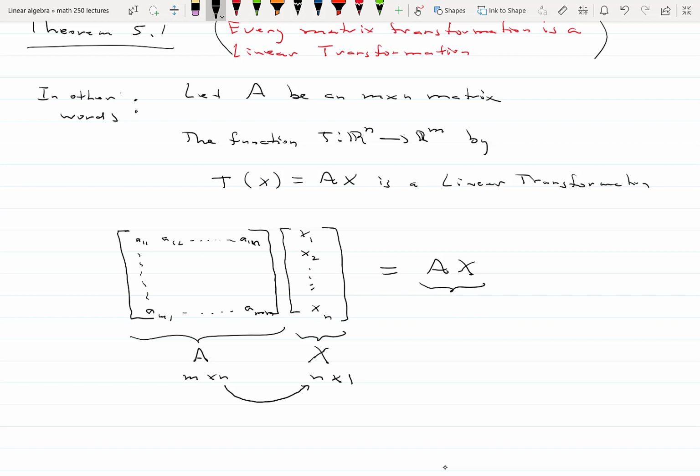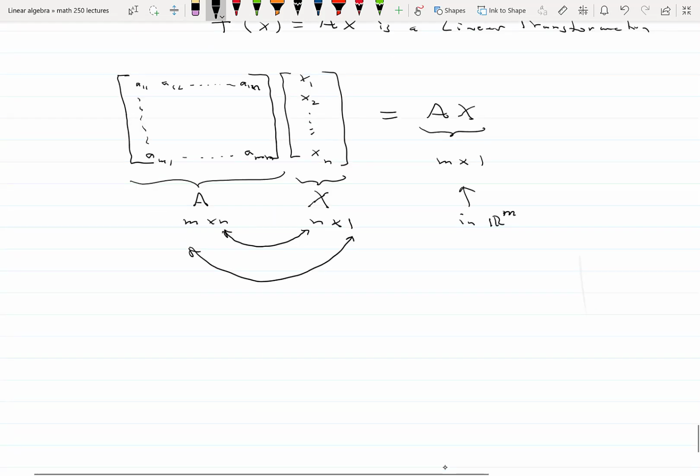Well, remember that the multiplication is allowed, and the result is an m by 1 matrix. That means we're in Rm. So the m by n matrix times something from Rn is somewhere in Rm.